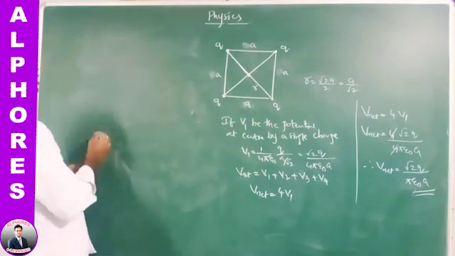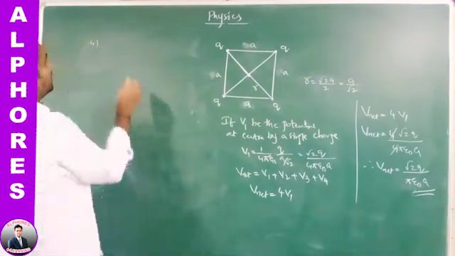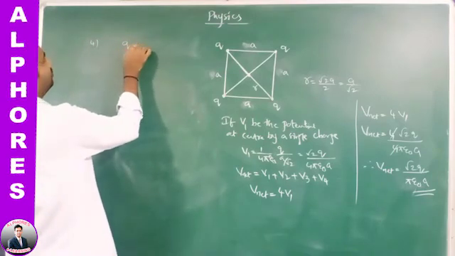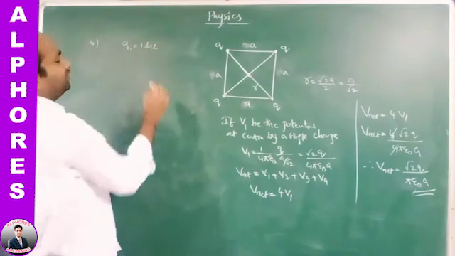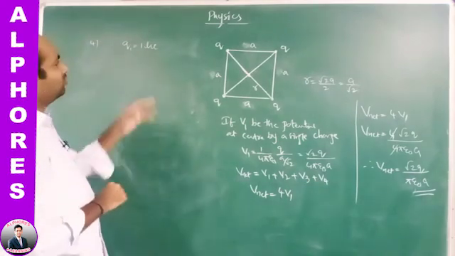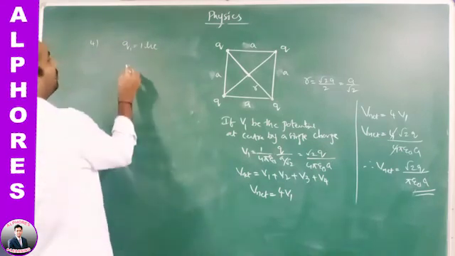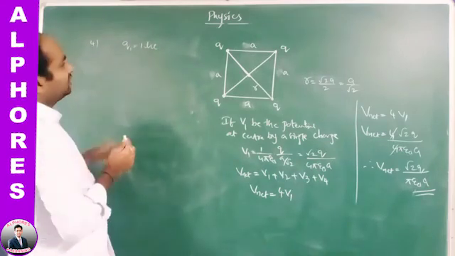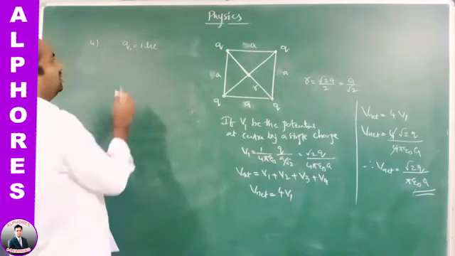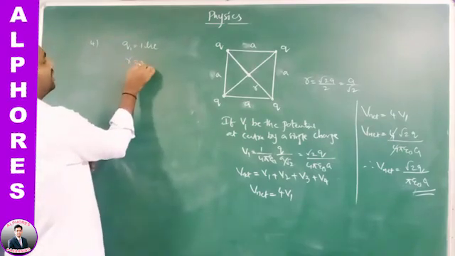Now the question may be asked like this. If a charge of 1 microcoulomb is kept at any point in the free space, then what is the potential due to this charge at a distance of 3 centimeters?